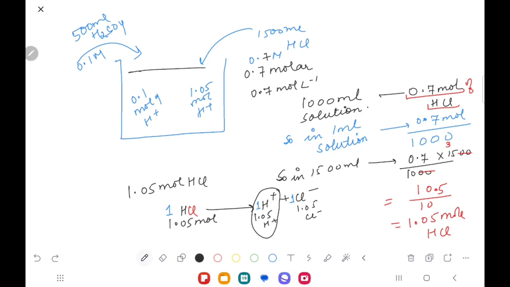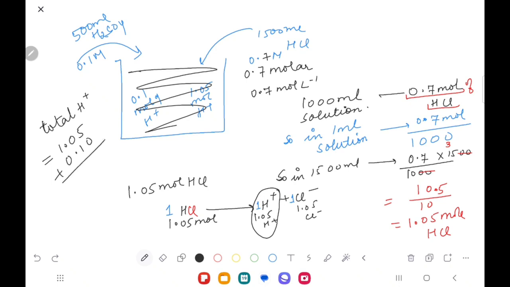So just tell me, how many total moles of H plus do I have right here? So total H plus in this beaker would be 1.05 plus 0.10. So that is going to be 1.15, isn't it? And if that is going to be 1.15, what would that be?